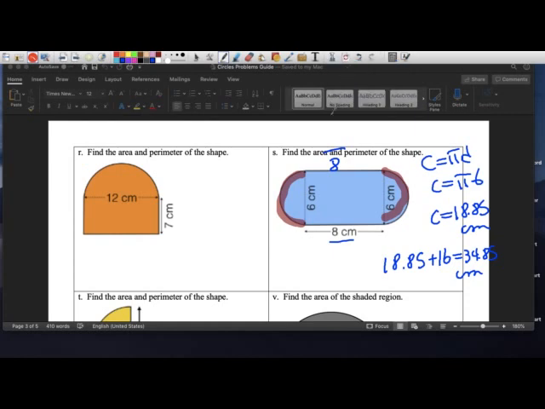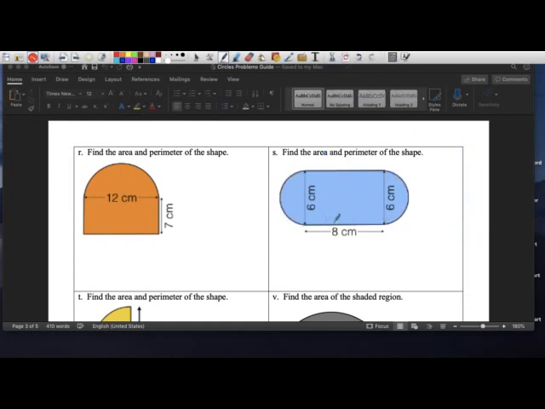The area again is the area of the rectangle, which is 48 here, base times height. And in this case, we don't have to divide anything by 2 because this part and this part make one full circle. So A equals pi r squared. The radius is not 6, but it's 3, so it's pi times 3 to the second power. I'm going to multiply on my calculator 9 times pi, and that's going to give us 28.27.